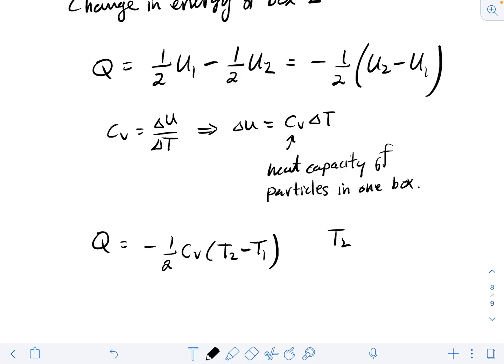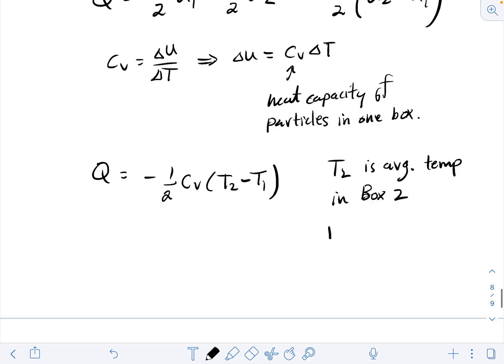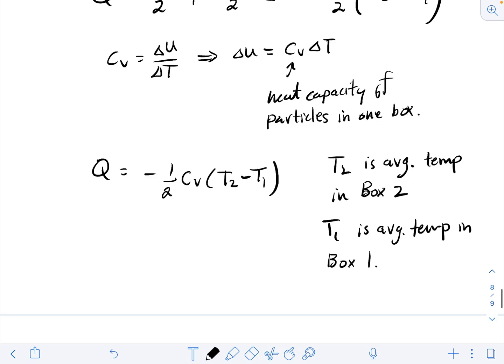And so T2, as we've already indicated, is the average temperature in box 2, which we obtain by, say, measuring the temperature in the center of the box. And T1 is likewise the average temperature in box 1.